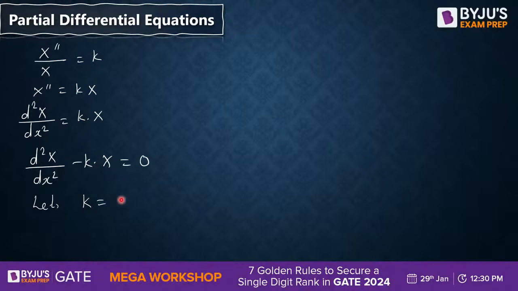K equal to plus p square. If I write k equal to plus p square, then I will get d square x upon dx square minus p square x equal to 0.